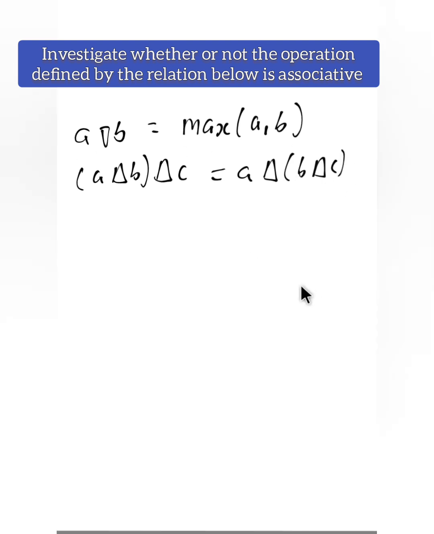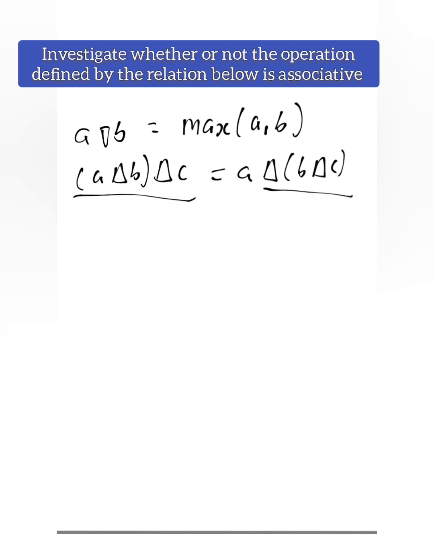If this is true, then this is associative. So we have A, B, and C. What can we do about it? Let's solve for this part of the equation, then we'll also solve for this part of the equation. Now if both are equal, then it's associative. But if both are not equal, then it is not associative.